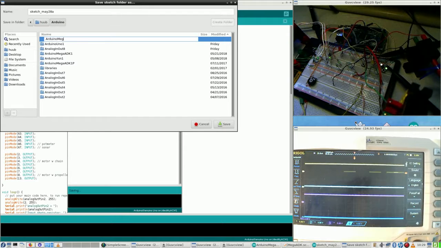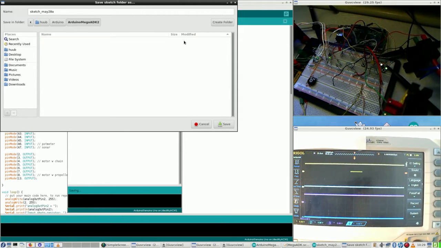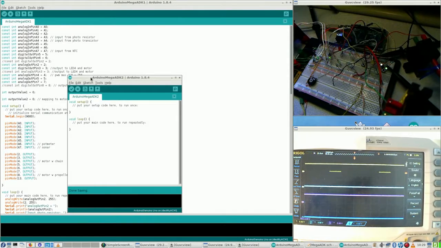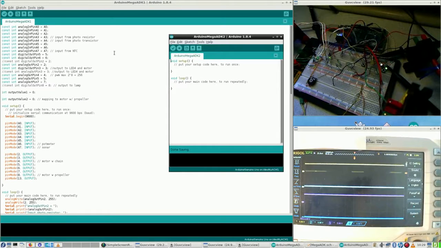Arduino MegaADK 2. And what's the old one called? Oh, MegaADK 1. Okay, so this is called just the same. Alright. Save.